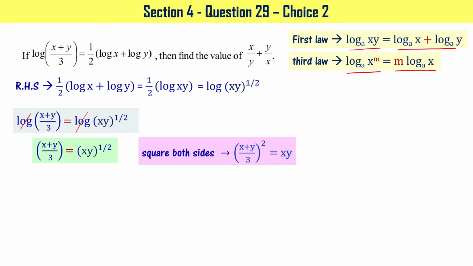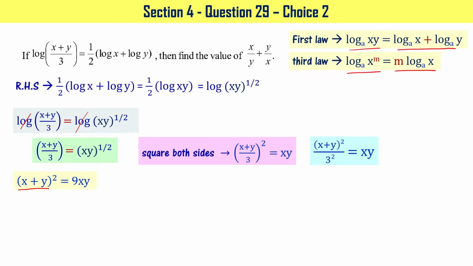Now it becomes ((x plus y) divided by 3) whole square equal to xy, right? Let me write it as (x plus y) whole square divided by 3 square equal to xy, and we know 3 square equal to 9. It means (x plus y) whole square equal to 9xy, right? We can expand (x plus y) whole square using (a plus b) whole square formula that says that (a plus b) whole square equal to a square plus b square plus 2ab, right?